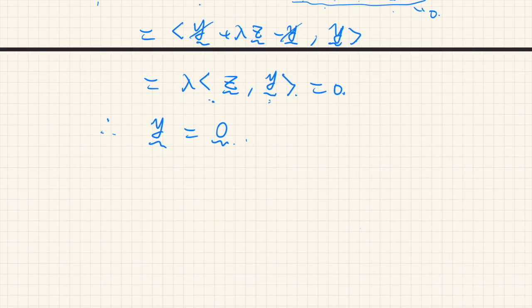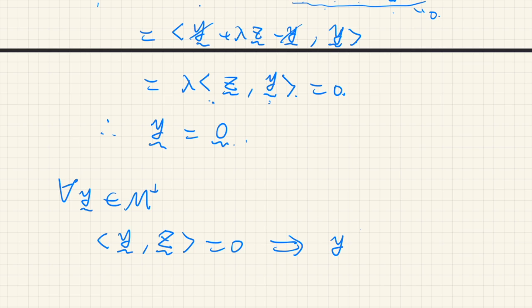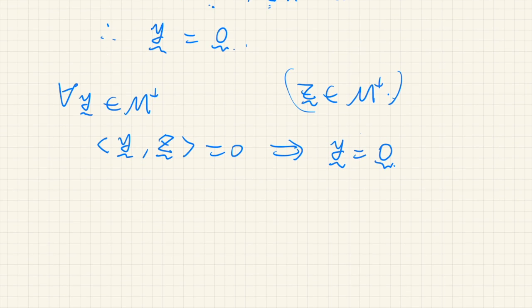So to summarize, for any Y in M complement, if the inner product of Y and Z is equal to 0, that implies Y is equal to 0. Of course, don't forget that Z is in M complement. So, therefore, the dimension of M complement is 1.